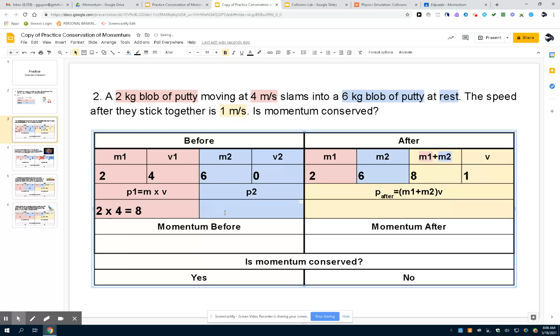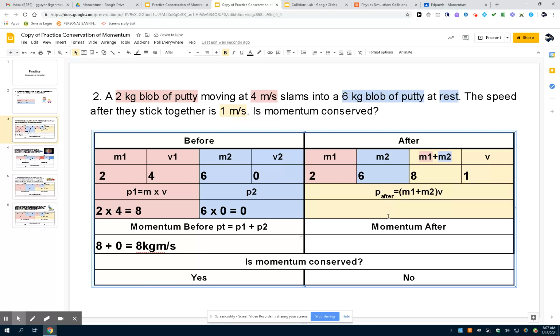And on this side, we're going to take our 6 times 0, which equals 0. So for the total momentum before and after, all we have to do is add them up. So we're adding up P1 plus P2. We take 8 plus 0 equals 8. And the unit for momentum is kilogram meters per second.